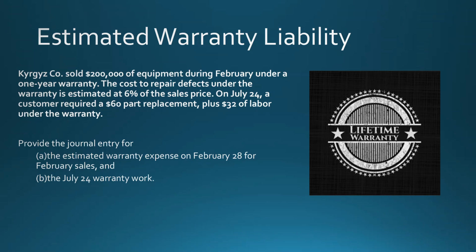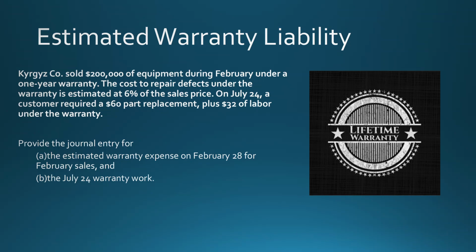So 6% of the $200,000 in sales needs to be set aside to a liability account, a current liability account called warranties payable, right? And then if any customers who purchase any of this equipment comes in and says, hey, this isn't working, we'll cover it under the warranty.